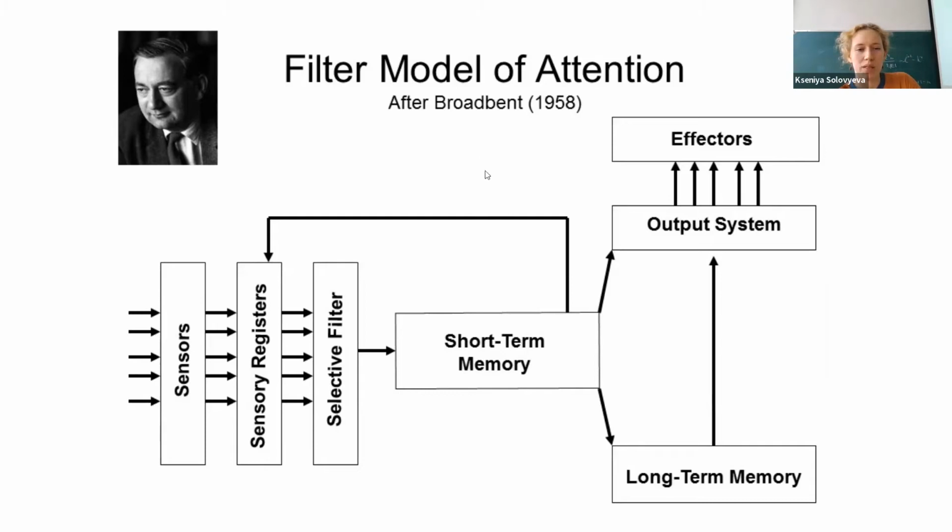So he thought that we have a kind of filter somewhere in our mind or in our brain, I don't know. This filter filters the information, and only after this filter do we have the information in our short-term memory. And so we can't use all the other filtered information. That is the model.